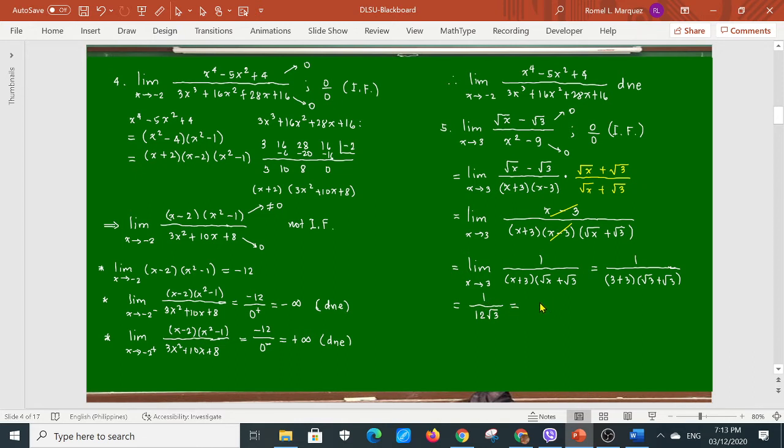When you rationalize, it is square root of 3 over 3 times 12, which is 36. And that's the answer. Let's say in the multiple choice you don't see this; perhaps it is rationalized. Question, guys?